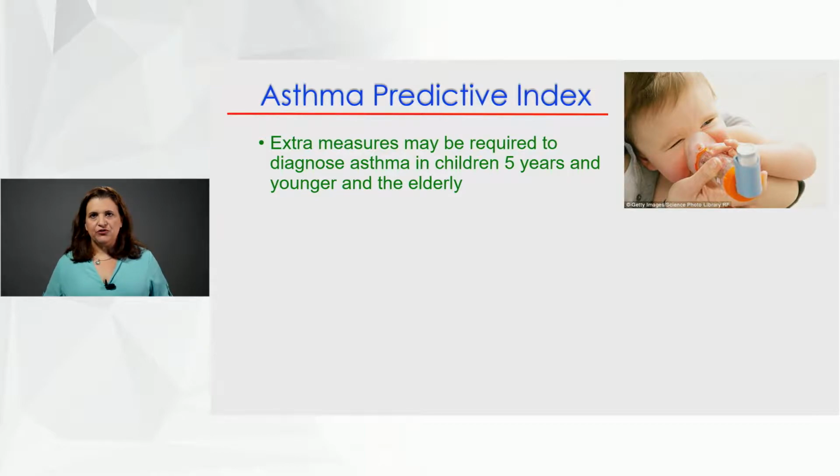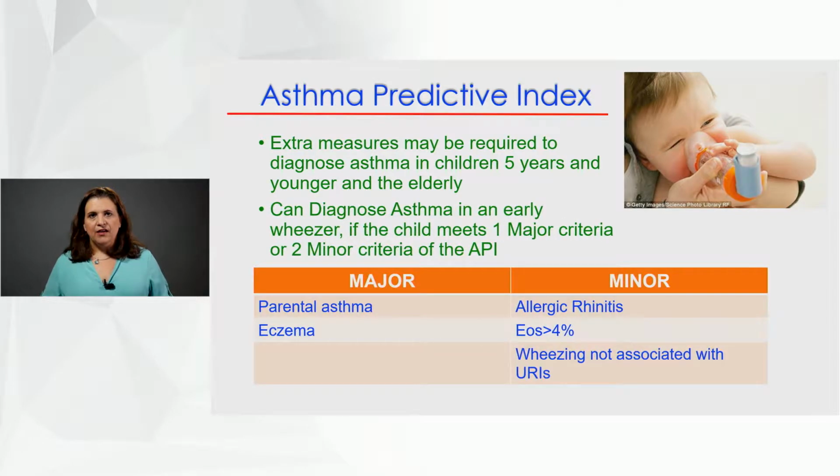This is for use in children 5 years and younger, and a child can be diagnosed with asthma if they meet one major criterion or two minor criteria of the API. The major criteria being parental asthma and eczema, and the minor criteria being allergic rhinitis, eosinophilia greater than 4%, and wheezing that's not associated with upper respiratory infections.